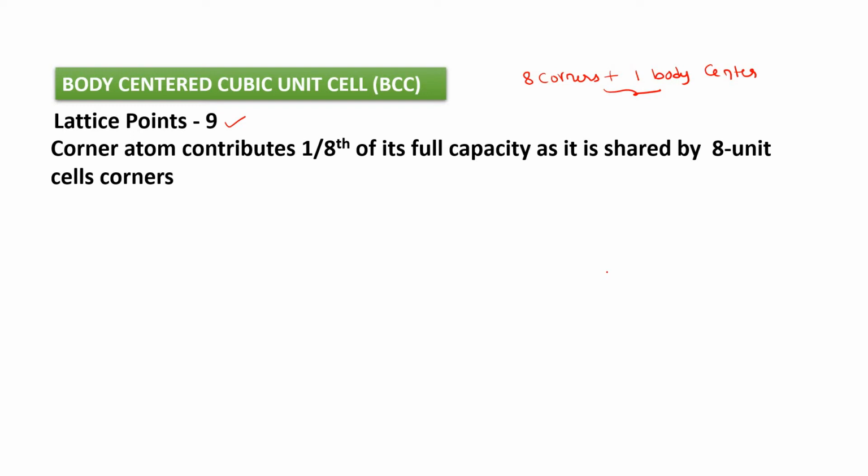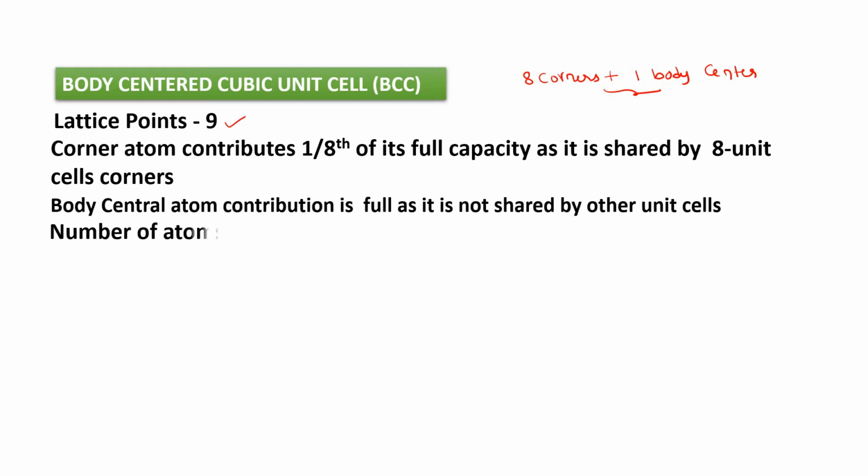Again the same thing: 1 atom at the corner contributes 1/8 of its full capacity as it is shared by 8 unit cells. In the last slide we already discussed this. 1 atom present at the corner is shared by 8 unit cells.